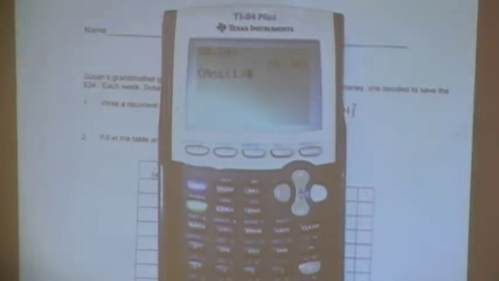What did we say we were going to do to the 0? Add 1. So I'm going to write that down so that I have it to remember. Plus 1. Comma. Now, what am I doing to the 34 each week? Adding 2.5.